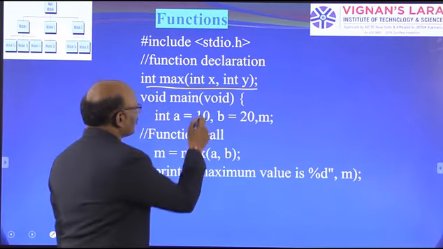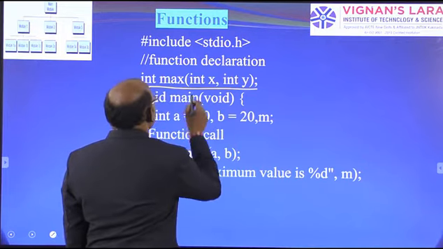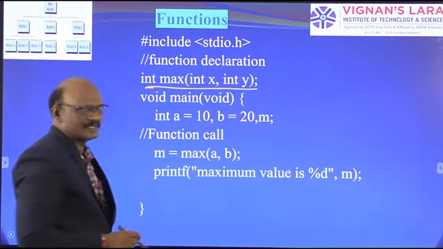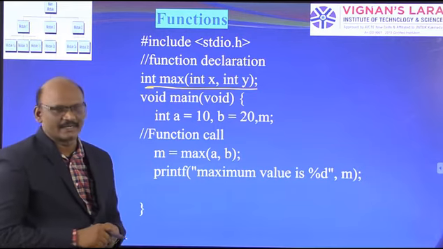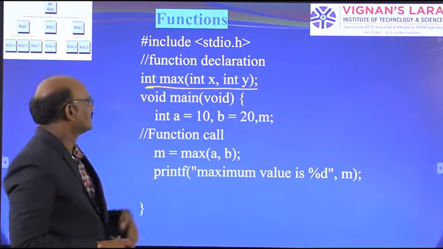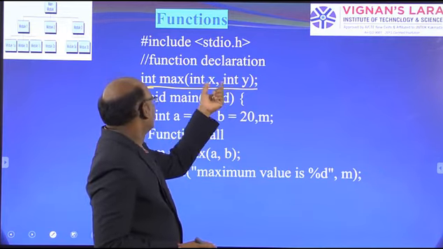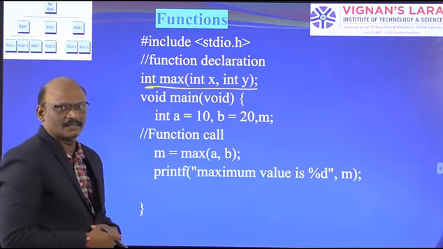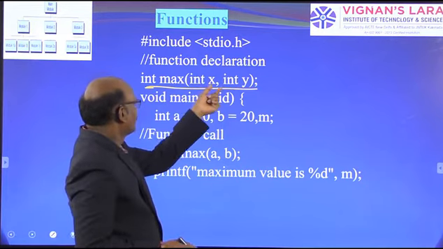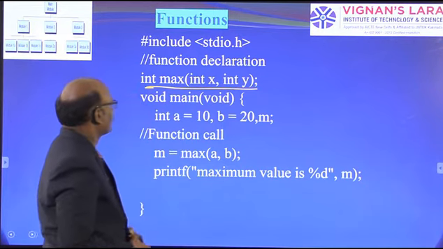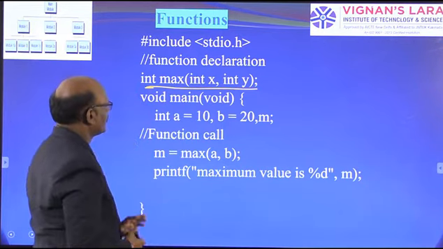And the return type is integer. That means this function returns an integer value. When the maximum of two integers is found, it will return the integer value, either the x value or the y value. So this is the function declaration.